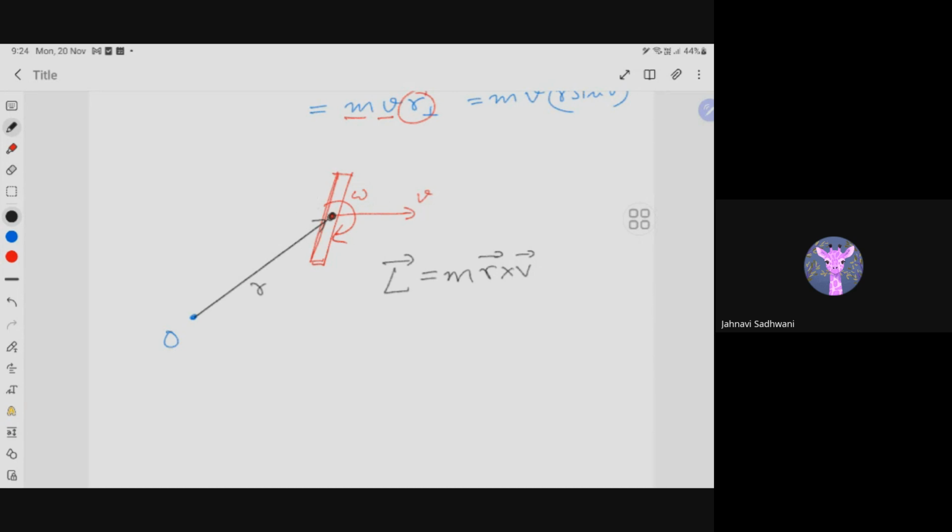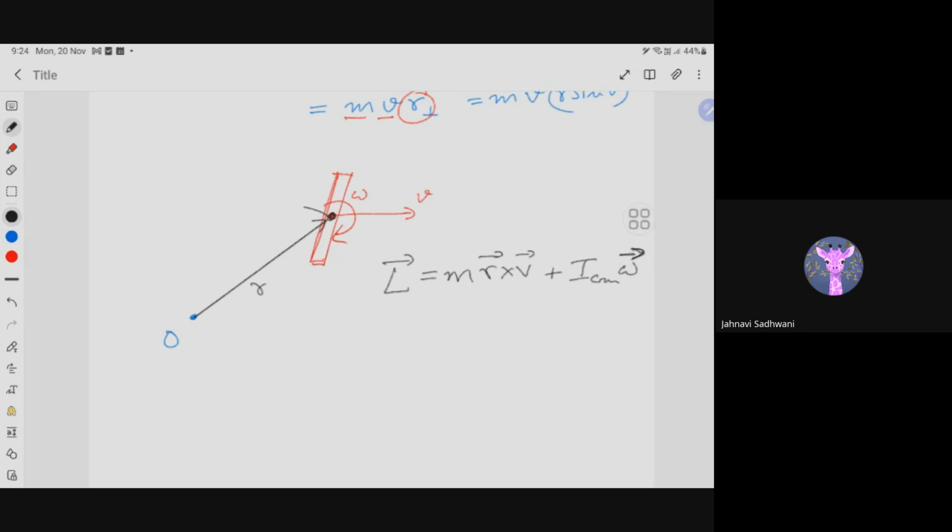So other parts are having an angular momentum about the CM. So how much is it about the CM? It is ICM omega. Okay, and it's a vector addition.